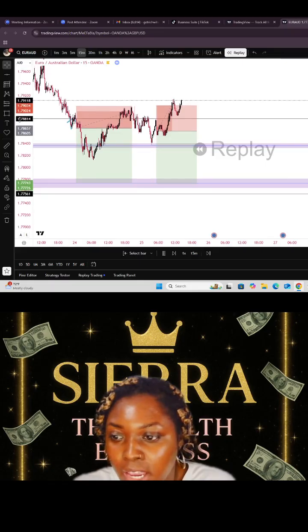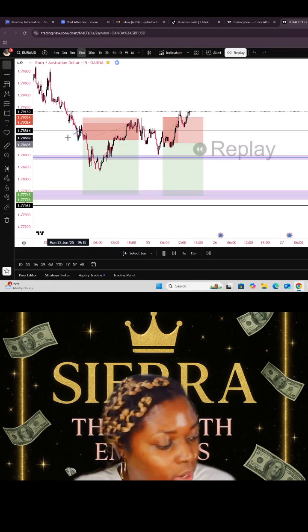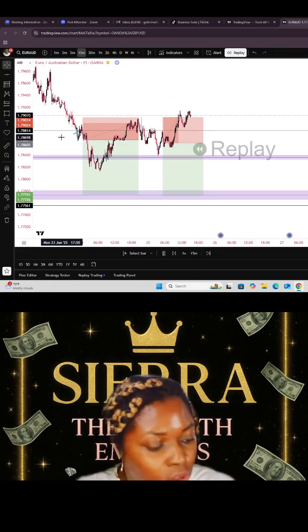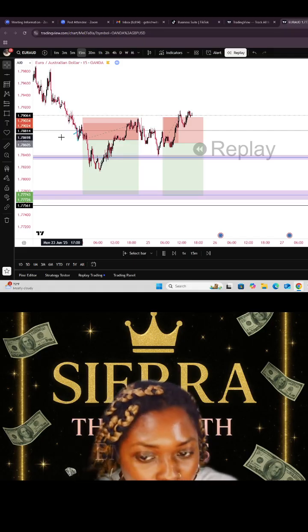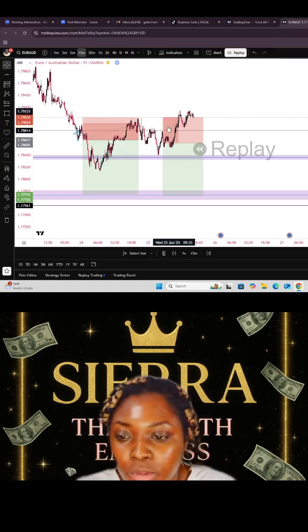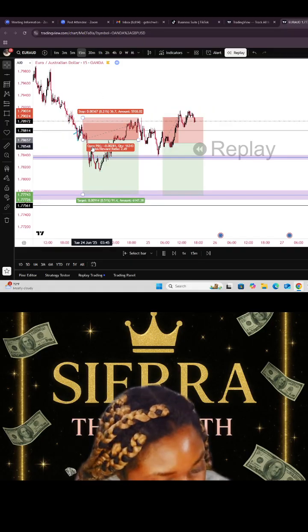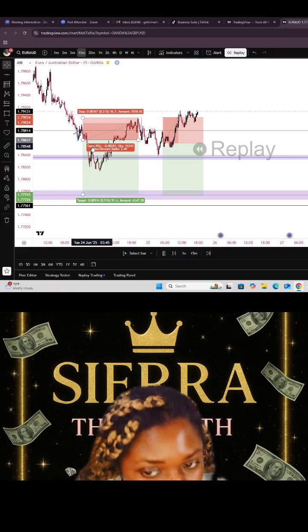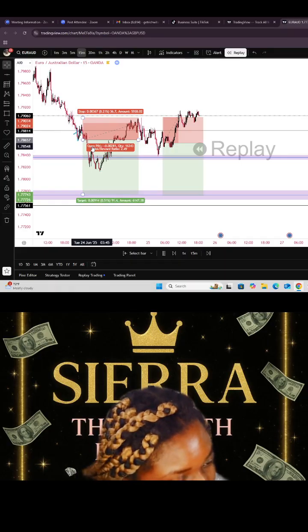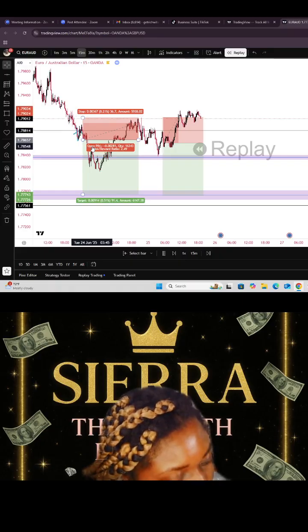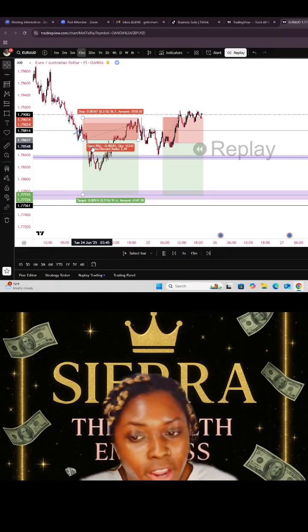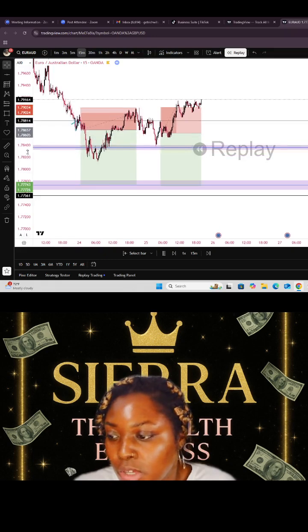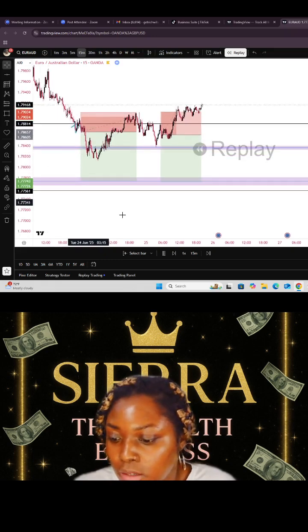If you're not in a trade in the market by Wednesday, I don't suggest you get in one on Thursday and Friday. So now we're down, that was 36 and 42 pips. We're no longer going to use these zones because we're done for this week.